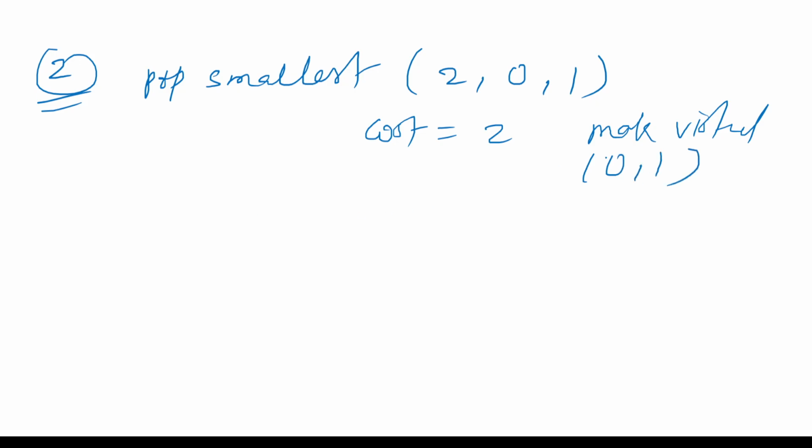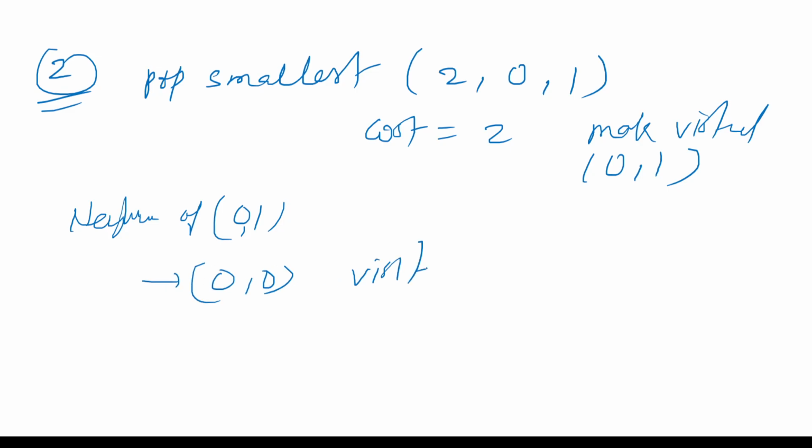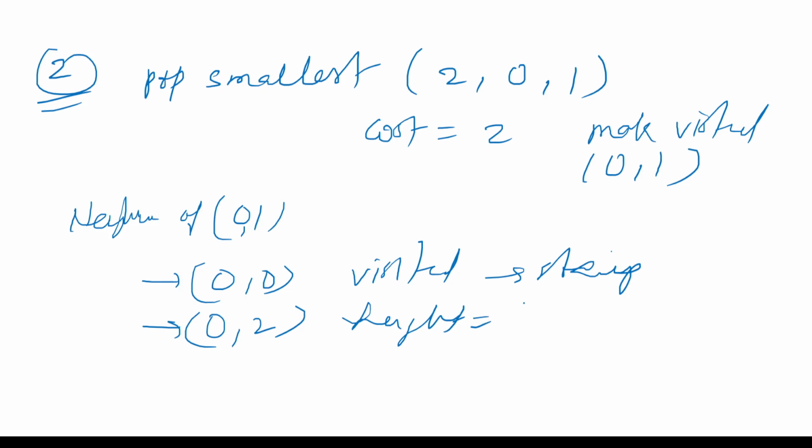Now, what are the neighbors of 0 1? First we have 0 0, which is visited, so we skip it and don't do anything. Then we have 0 2, whose height is 1.